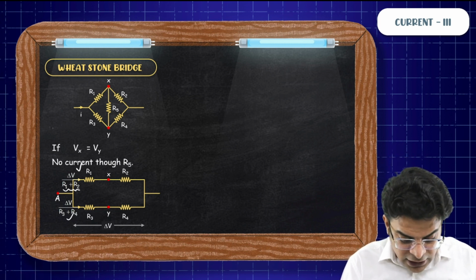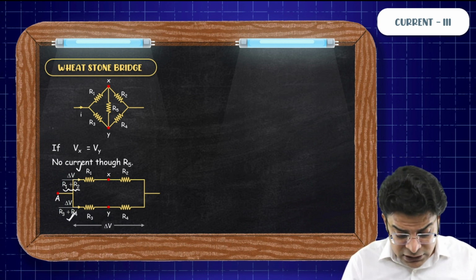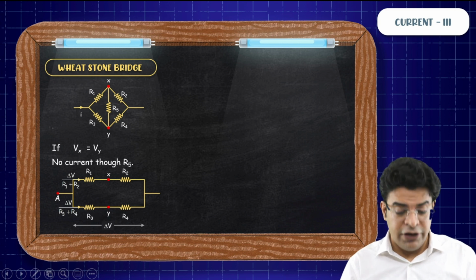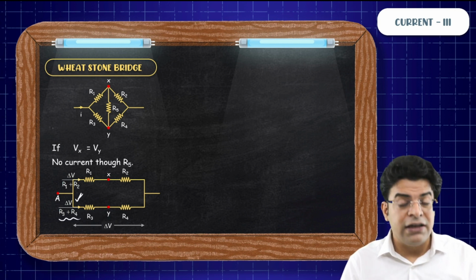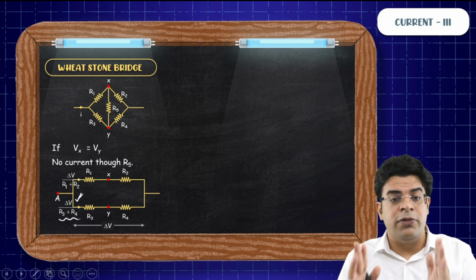Similarly, the current flowing through the lower line will be the potential drop delta V upon the resistance of the lower line, which is R3 plus R4.